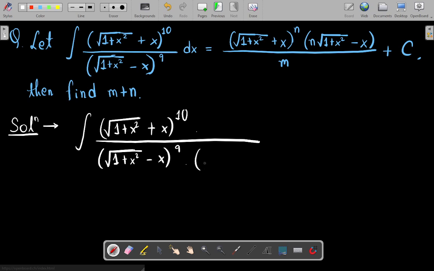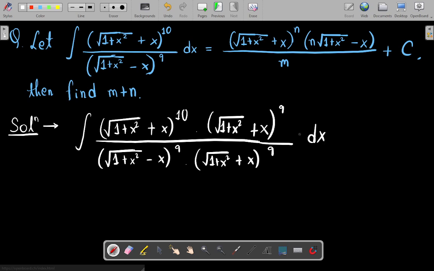So this becomes (square root of 1 plus x square plus x) whole raised to the power 9. This is a minus b and this is a plus b, and the powers are the same. I have to multiply this term in the numerator also, so this becomes (square root of 1 plus x square plus x) whole to the power 9, dx.